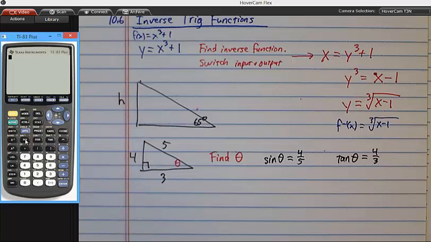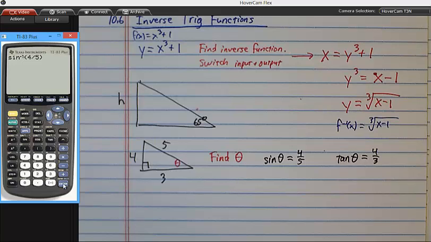The sine button's not going to do it unless first I hit this second key. If I hit the second key, what it gives me is sine to the negative 1. And that's called the inverse sine. When you type that in, you're asking it to spit out the angle that would give me the sine equaling 4/5. Does that make sense to people?